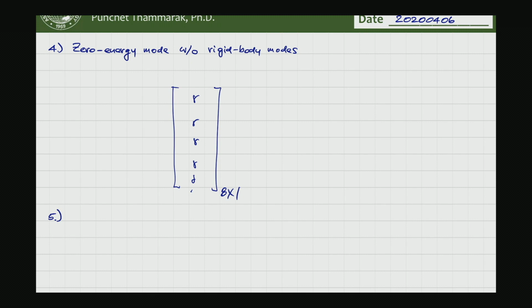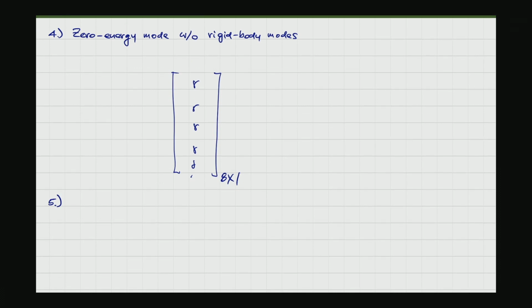What is the meaning of this eigenvector? So you have the element over here, and you know which one is the first node. That depends on how you put the node numbering to them. And you have these 8 figures. The first one is the x displacement, the second one is the y displacement at node number 1, x and y at number 2, x and y at number 3, and x and y at number 4.